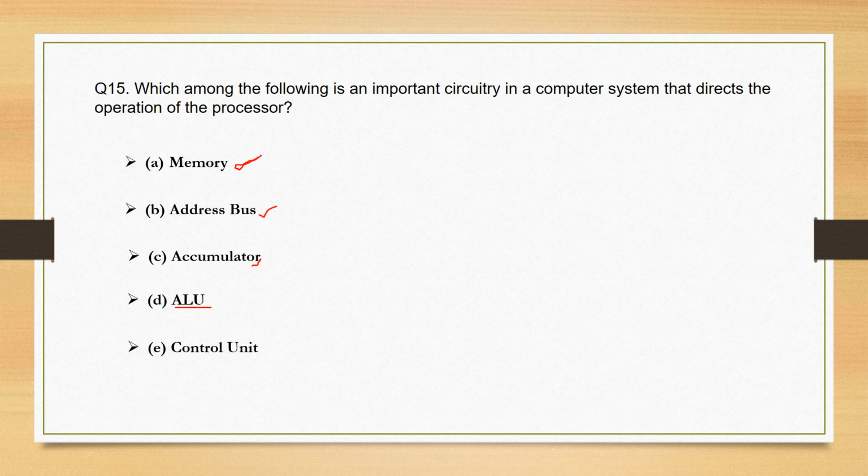ALU is the arithmetic logical unit, which does all the arithmetic and logical computations. It functions as a calculator in a computer. The control unit is the circuitry in the computer that directs the operation of the processor. So basically the control unit directs all the operations of the processor. This is the correct answer. Let's move to the next question.